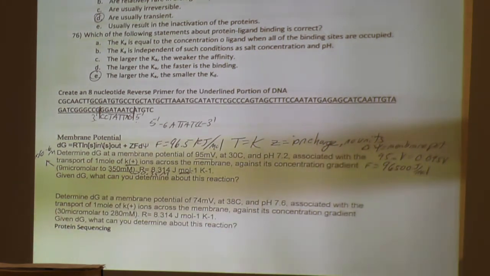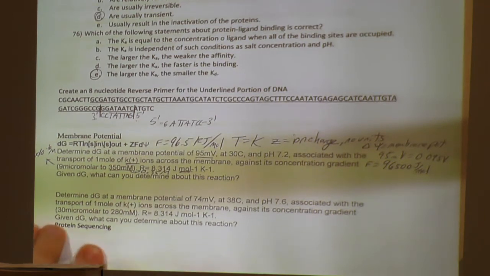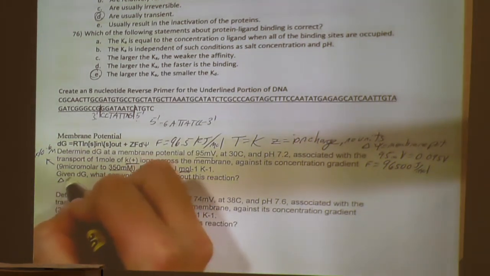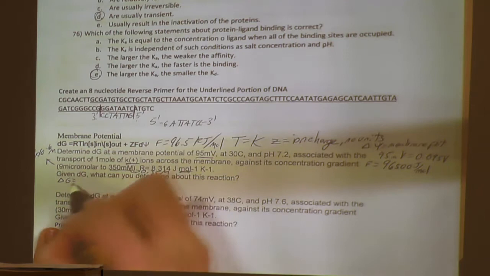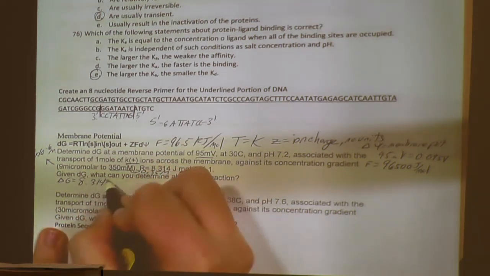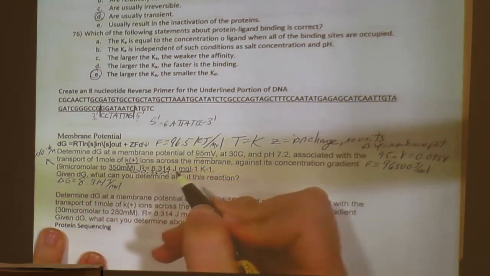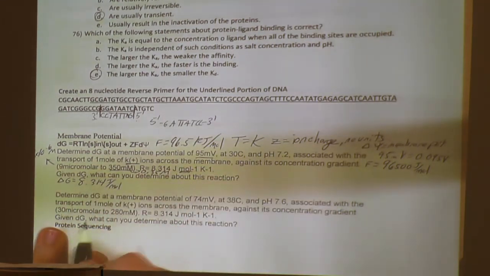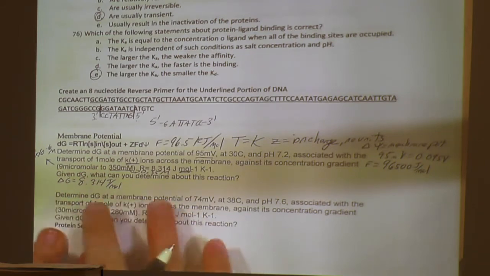Okay. So now we set up our equation. R is 8.314. Units are very important. Always remember to write your units down just in case stuff doesn't work out, so you can always go back and find out where you messed up.